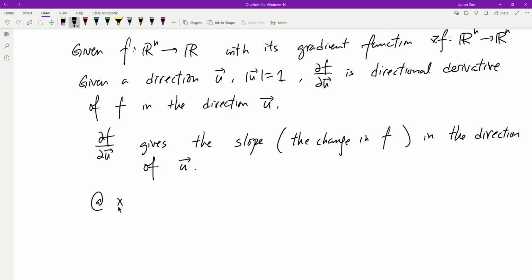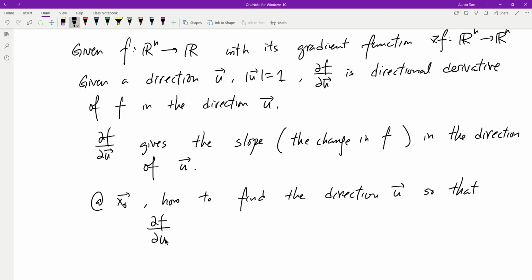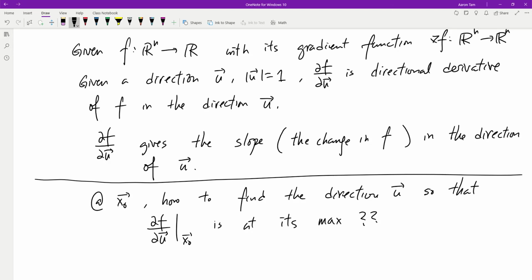Let's say at a specific position x sub 0, how do we find the direction vector u so that df over d vector u at that x sub 0 value is at its maximum? So that's the question that we try to figure out.